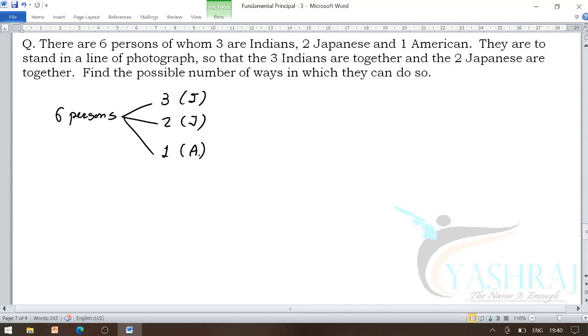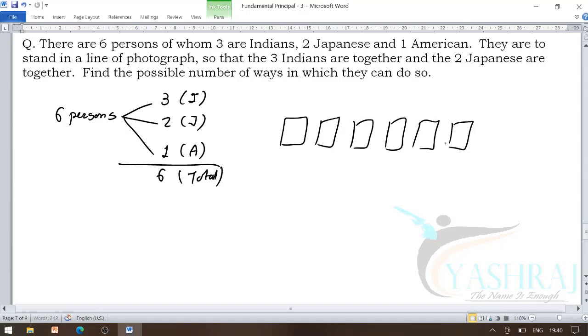They are to stand in a line for a photograph. So the total number of persons becomes 6. Keep in mind, 3 plus 2 is 5, plus 1 becomes 6 in total. So there are now 6 vacant boxes over there.